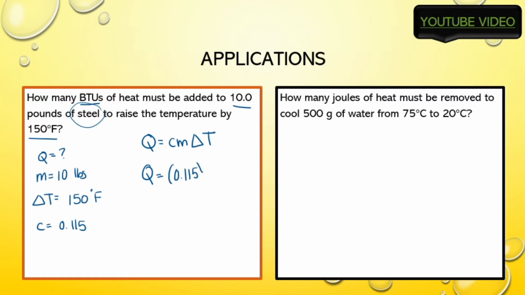Remembering I always use brackets to represent multiplication. 172.5 BTU. So you have to put in 172 BTUs to raise 10 pounds of steel from, whatever, 30 degrees Fahrenheit to 180 degrees Fahrenheit, by 150 degrees.